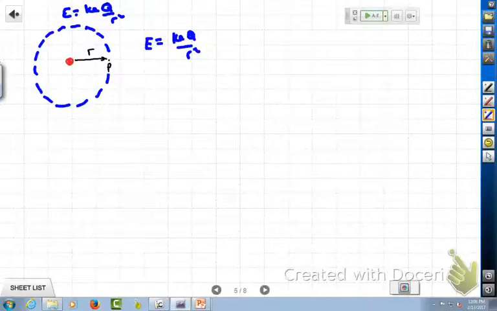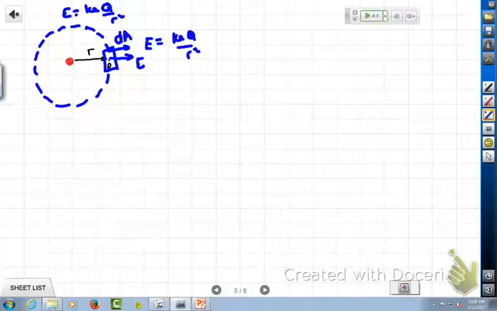And I'm going to imagine a little area here. So here's my E, and then my area vector dA is there. And my area is equal to 4 pi r squared, because it's a sphere. Yes?